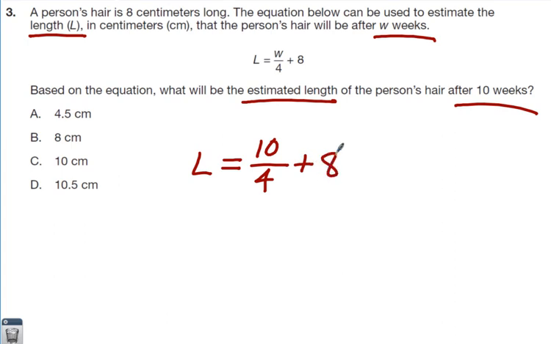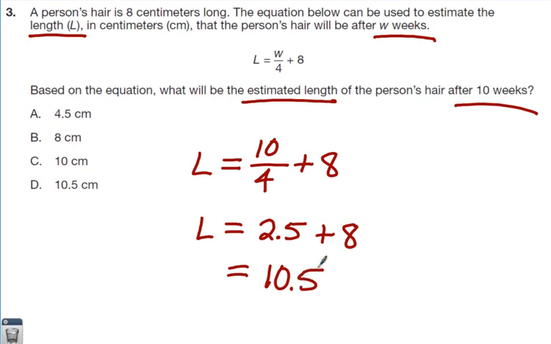And so all you do is plug that in, and you do 10 divided by 4, and then you add 8, and that's what's going to equal L. So 10 divided by 4 should be 2.5. And so L, the number of centimeters in length, is going to be 10.5.